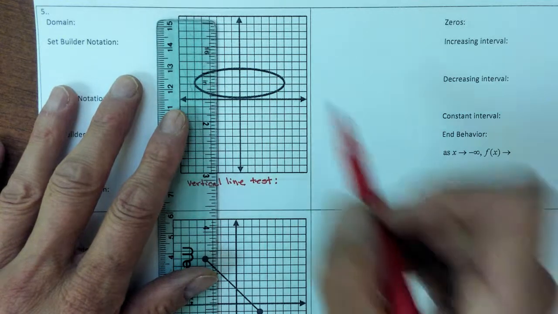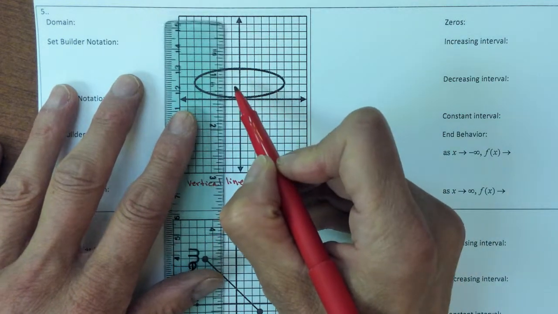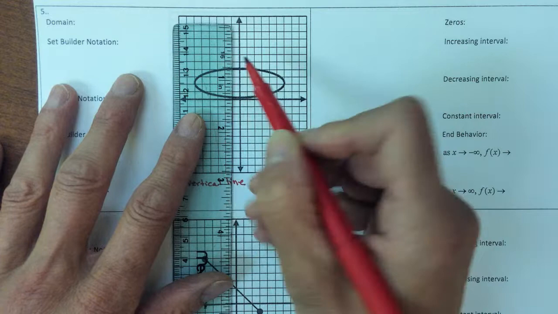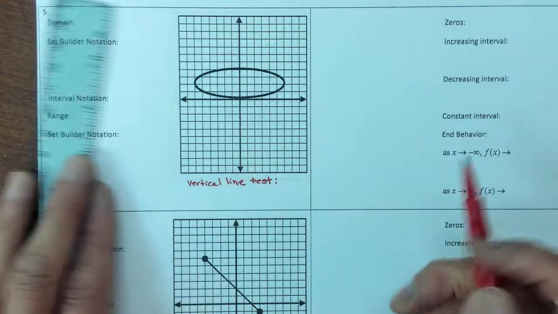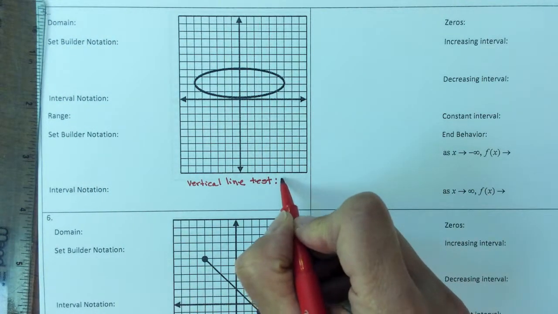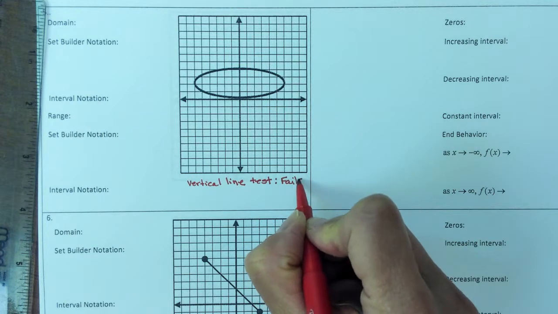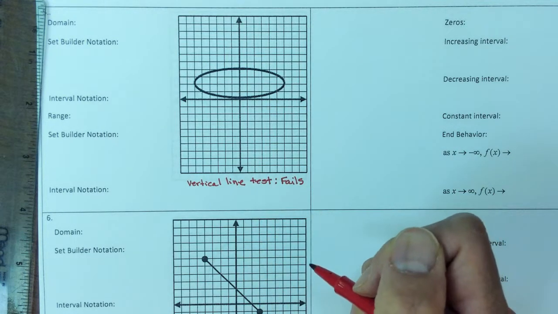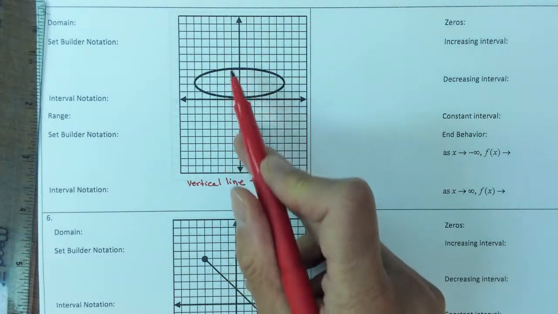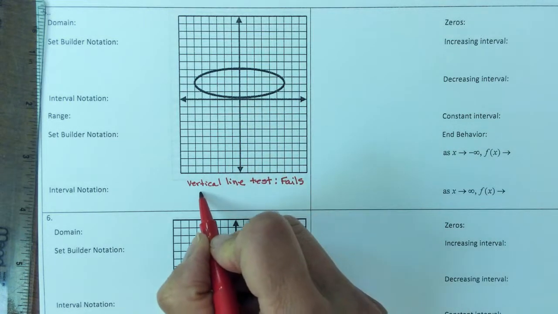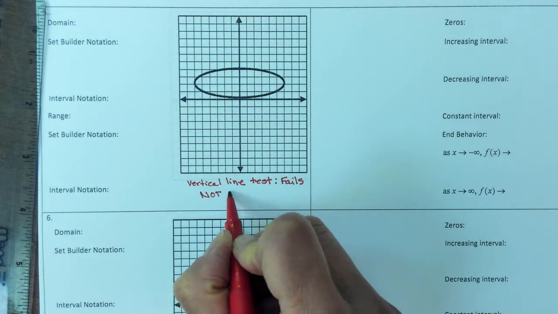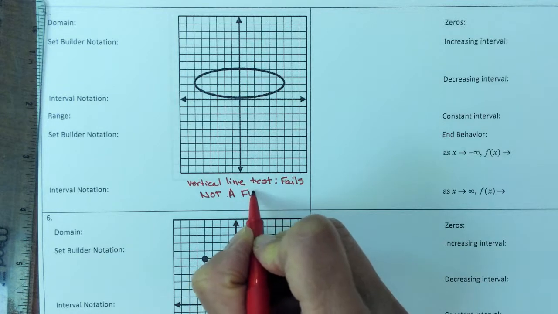But we can see I'm touching the ruler here and here, here and here, here and here. So this here actually fails that vertical line test because I have more than one place where that vertical line is touching. So this here is not a function.